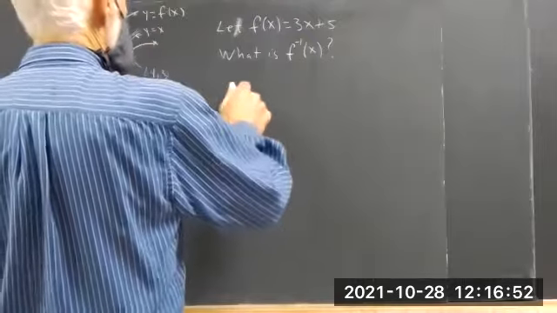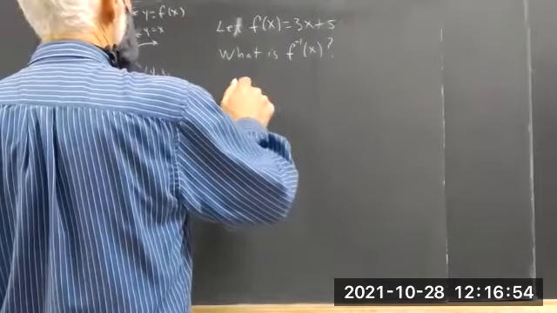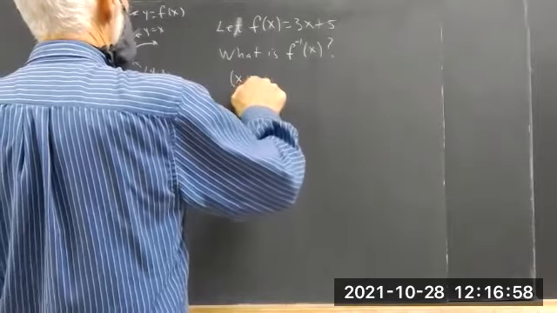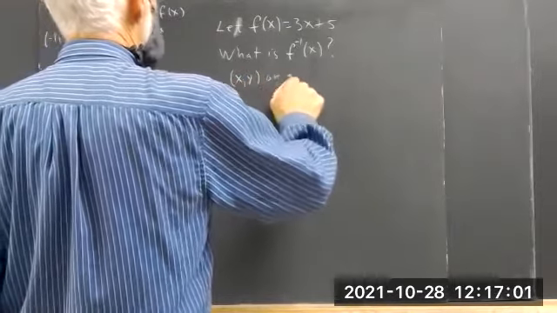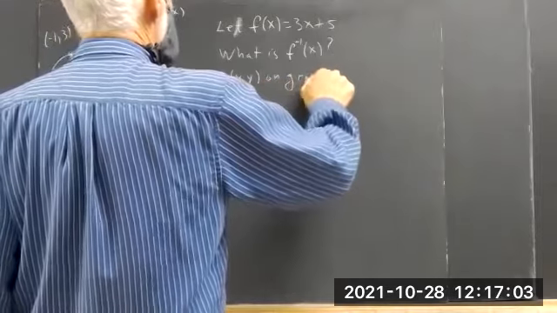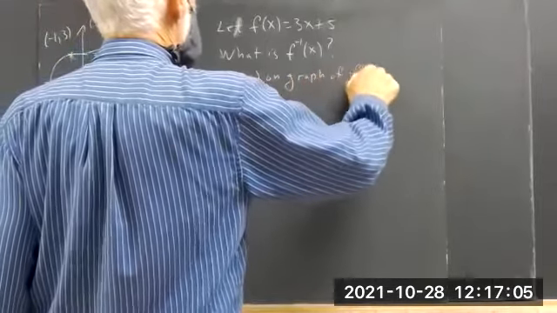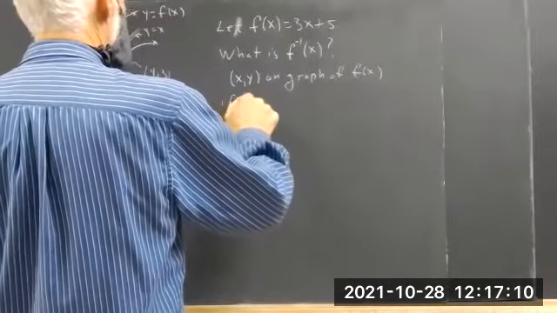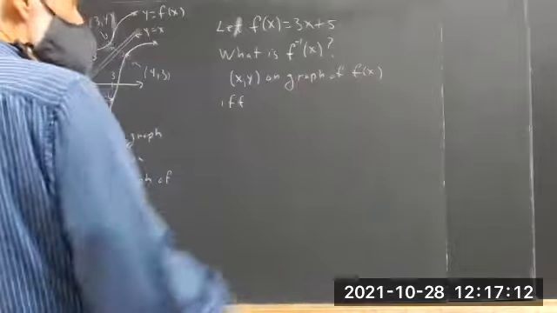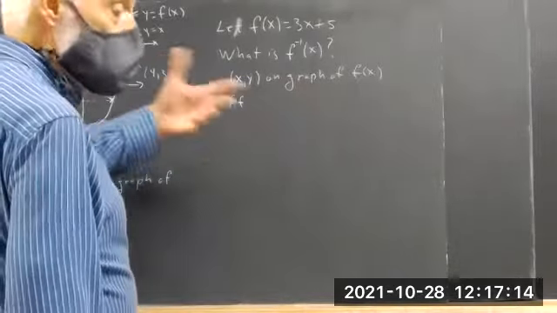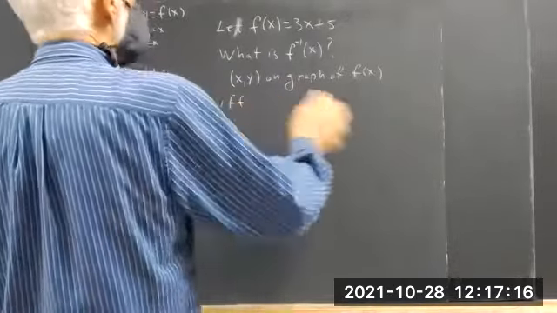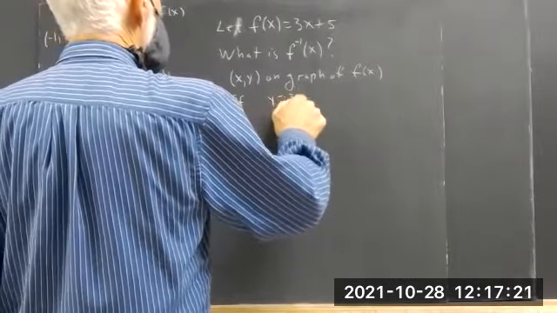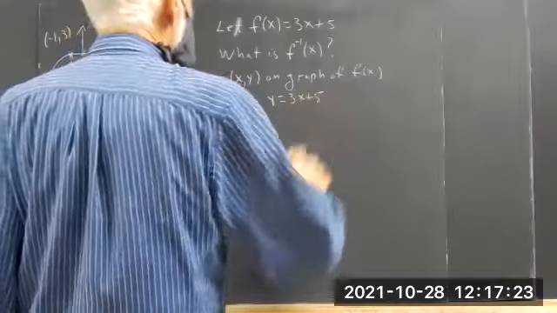Okay, well, x, y is on the graph of f of x if and only if, equivalently, we say that y equals 3x plus 5.